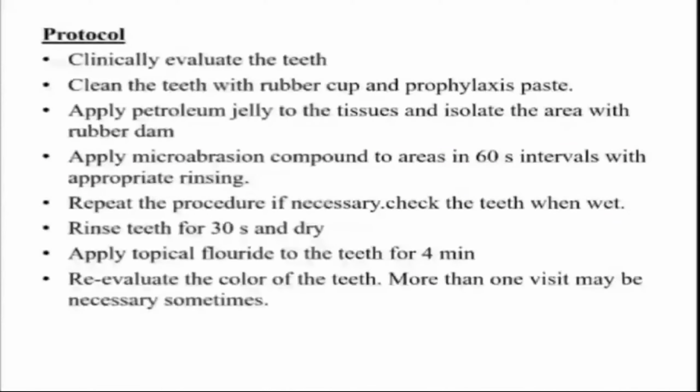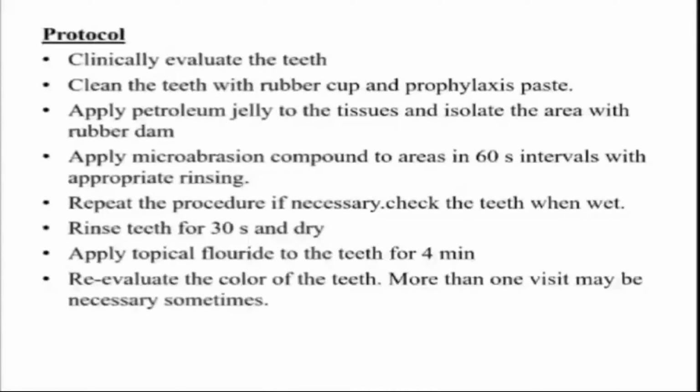Next one is the protocol of microabrasion, that is: clinically evaluate the teeth. Now clean the teeth with a rubber cup and prophylaxis paste, and petroleum jelly is applied and the teeth area is isolated with rubber dam. After that, the microabrasion compound is placed over the area for 60-second intervals, and after that it is rinsed.